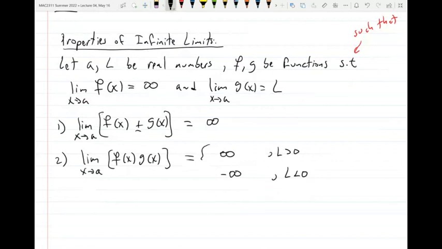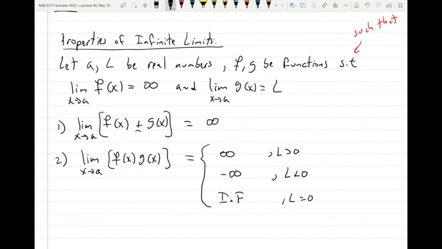Now, I want you to understand that if L is 0, then we are in the presence of another indeterminate form. We will discuss how to deal with this after we talk about derivatives. One of the applications of derivatives, we're going to understand how to deal with this case. 0 times infinity.